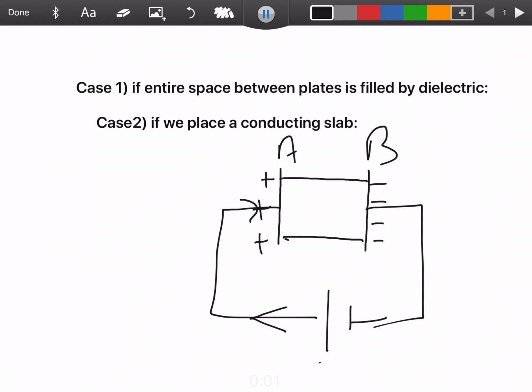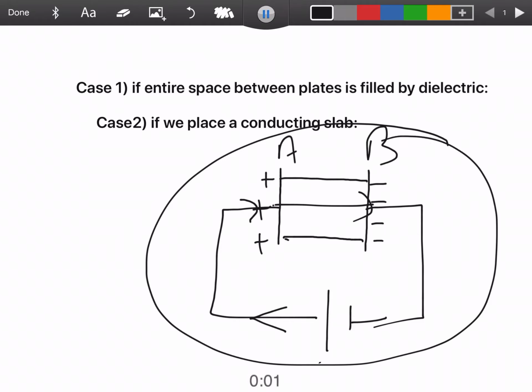So this charge will simply move from A to B. This means this entire circuit will be a continuous electric circuit. So you can give infinite amount of positive charge to plate A because the charge is moving from point A to point B. So there is nothing about storing the charge. The charge is just moving from one point to another point.